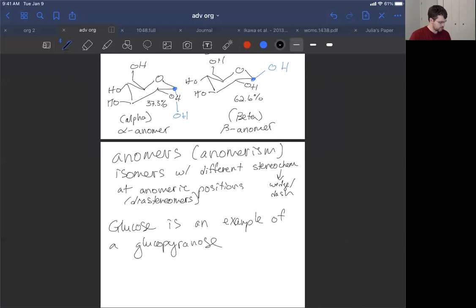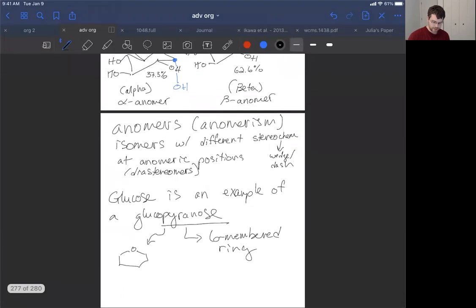Now, when you hear pyranose, you're going to think six-membered ring. We've got that prefix pyran, a bit like pyridine, a six-membered ring. It doesn't really work, but a pyranose is, just in general, this would be a pyran.